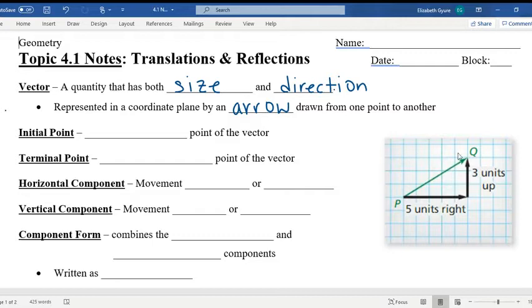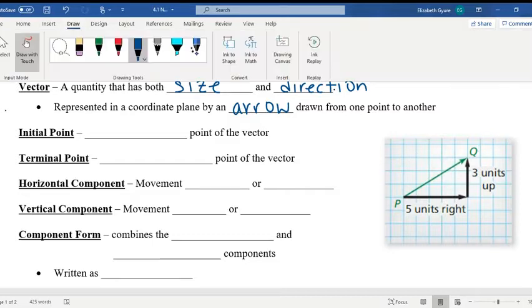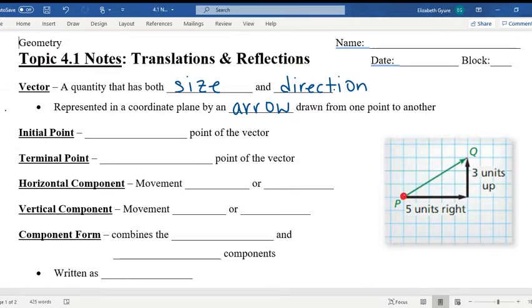And what this vector technically did is it took a point P and moved it to point Q according to the arrows. The green arrow is the total, where it moved to, and the little black arrows show that point P moved right 5 and then up 3. So those are your vectors that it moved along.